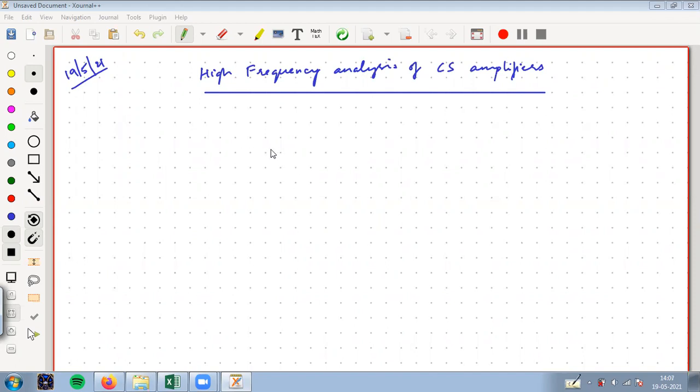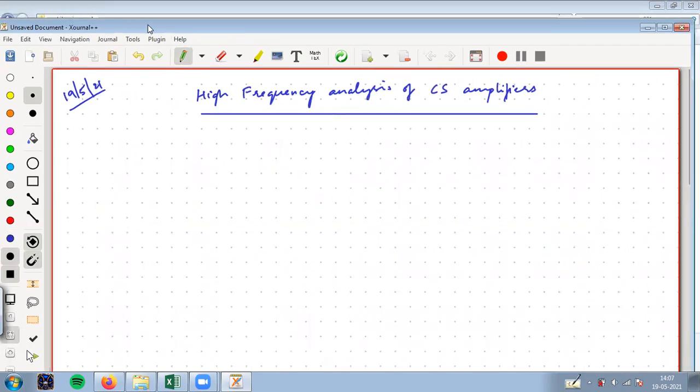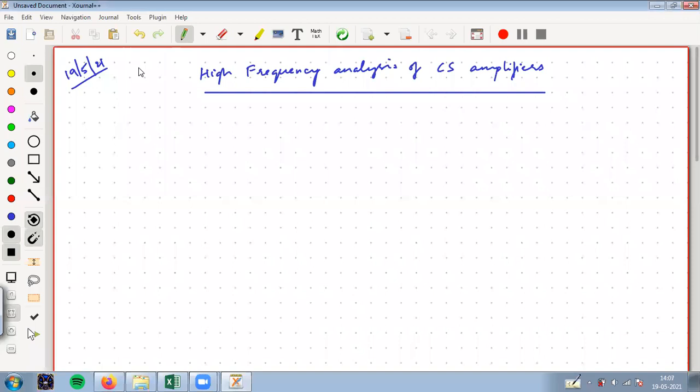So first, let us draw the high frequency small signal model, considering high frequency analysis.